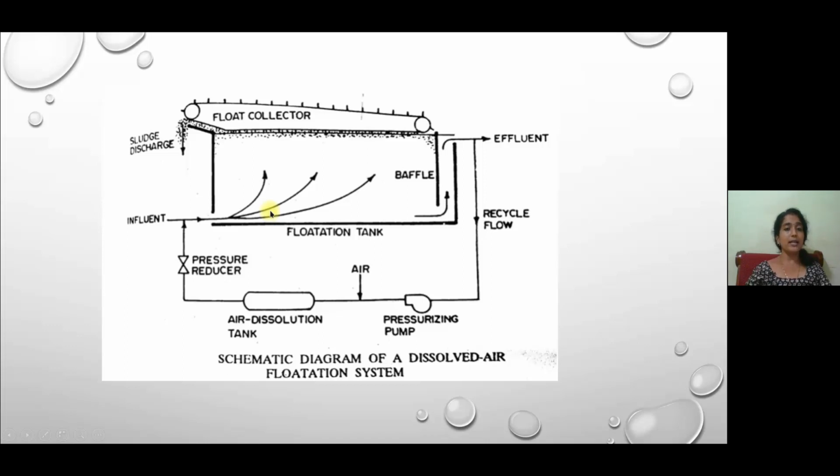It passes through the pressure reducer arrangement and is mixed with the influent, and due to the pressure difference it is released to atmospheric pressure. Then it will bring the solid particles to the top of the flotation tank, and there the sludge blanket is formed.